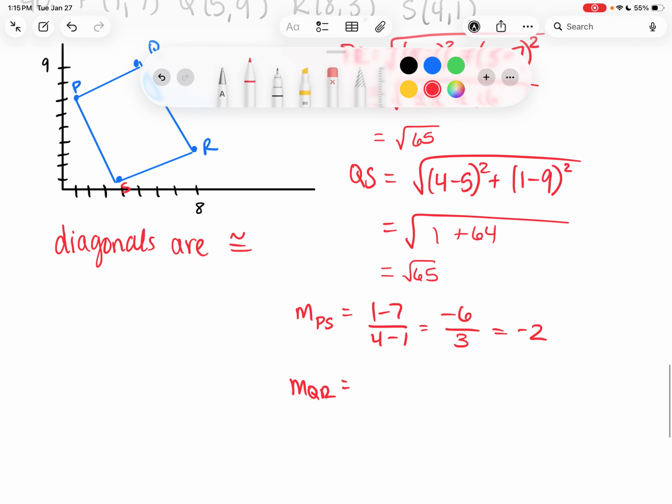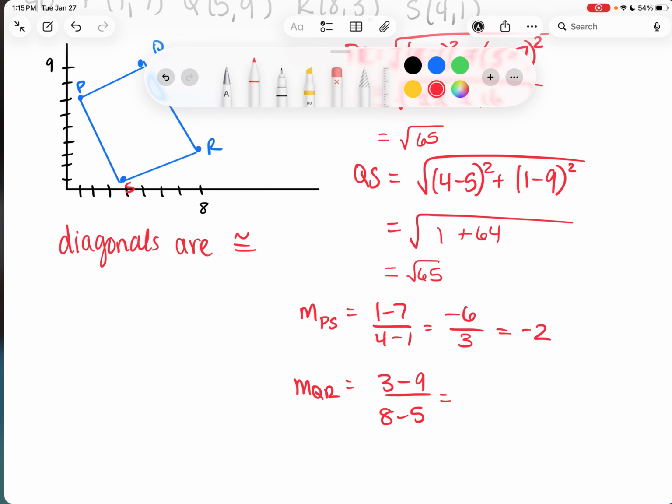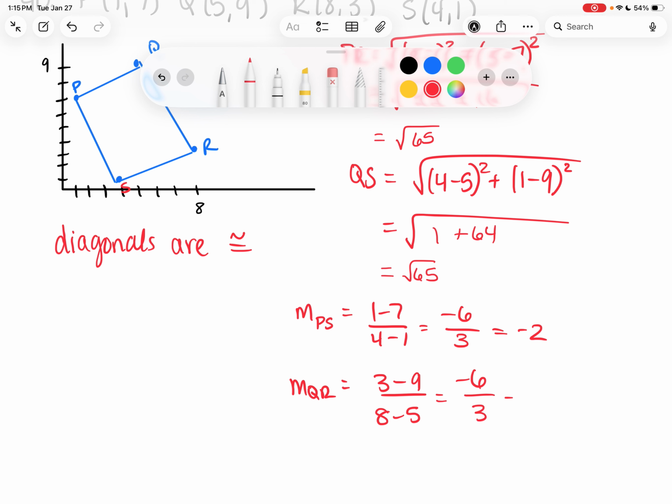So I'm having to look at my points on my paper instead of up there because obviously can't have it all on the screen at the same time. So this would be 3 minus 9 over 8 minus 5. So that's negative 6 over positive 3, which again is negative 2. So I can say PS is parallel to QR because those sides have the same slope.